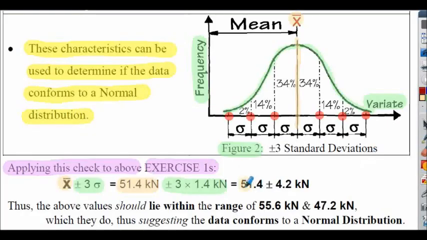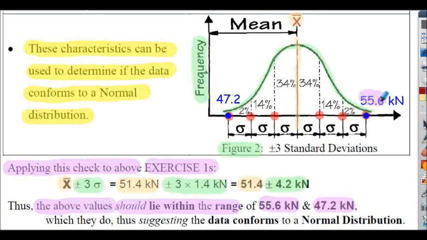So the range is 51.4 plus or minus 3 times 1.4, so that's plus or minus 4.2 kilonewtons. So the values associated with the data of exercise 1s should lie within the range from an upper value of 55.6 kilonewtons to a lower value of 47.2 kilonewtons. I've added these values here to the normal distribution curve.